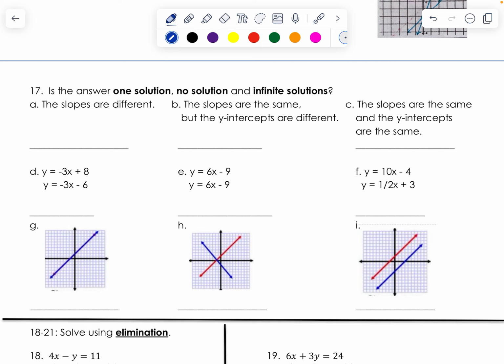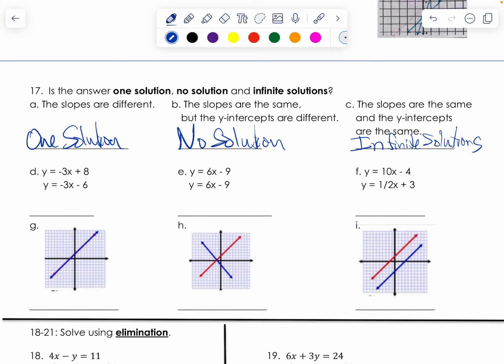Slopes are different. One solution. The slopes are the same, y-intercept is different. No solution. The slopes are the same, the y-intercepts are the same. Infinite solutions.